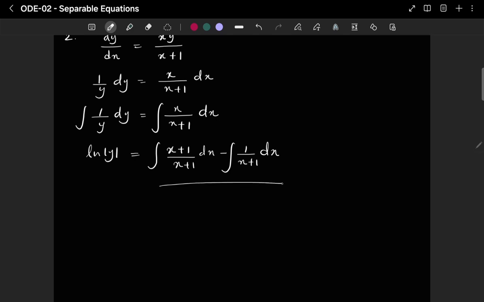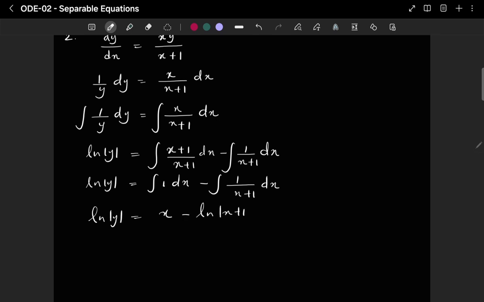So x plus 1 minus 1 gives x, and we can easily simplify this: the integral of 1 dx minus the integral of 1 over (x plus 1) dx. So we get ln y equals x minus ln(x plus 1) plus c, where c is an arbitrary constant.